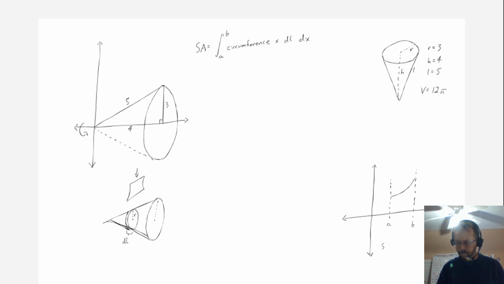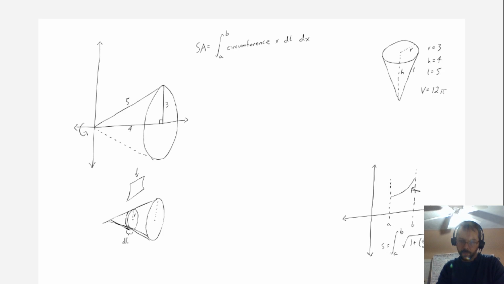I think they designate arc length with an S, equals the integral from A to B of the square root of 1 plus the derivative dy dx, the derivative of y with respect to x, squared, dx. So that would tell us the length of this arc from A to B.